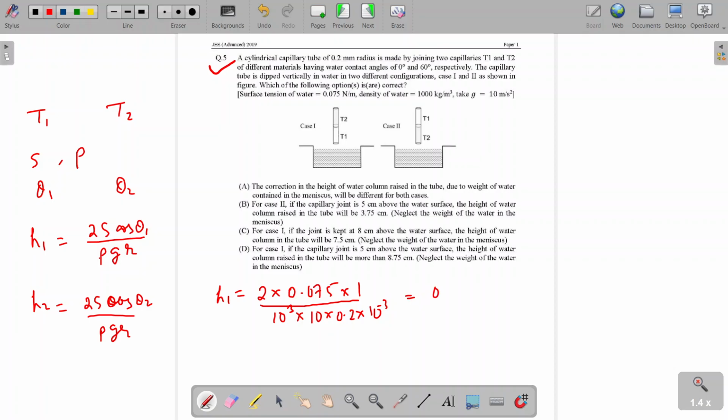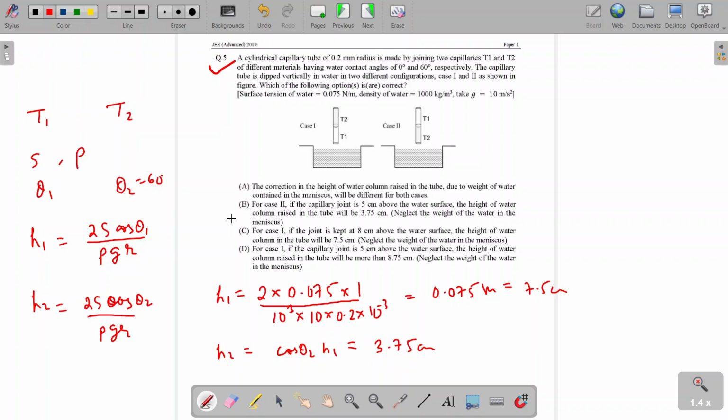So this comes out to be 0.075 meters or 7.5 centimeter. H2 will simply experience a different angle of contact, so its value would be just half of H1. Cos 60 degrees, this angle is 60, so cos 60 of H1 would be 3.75 centimeter.